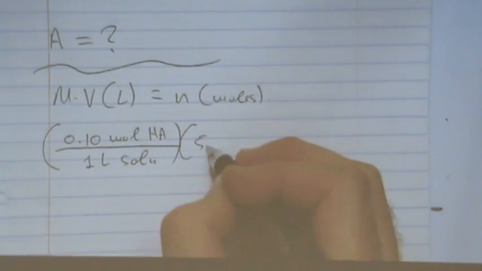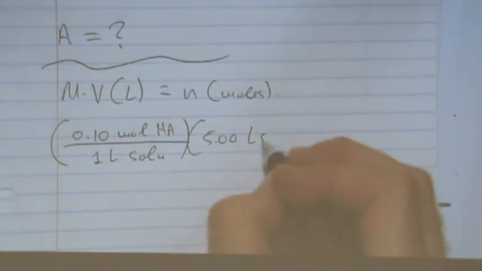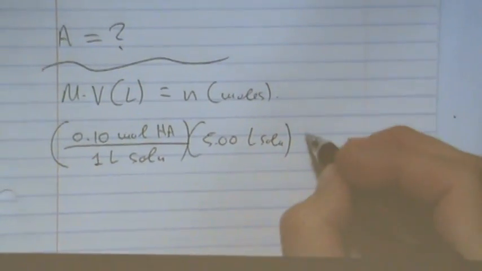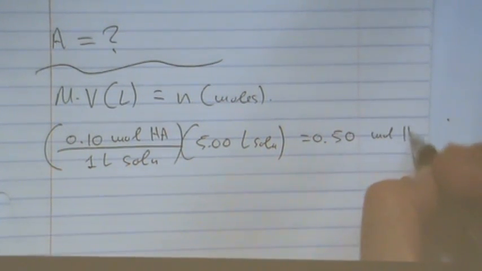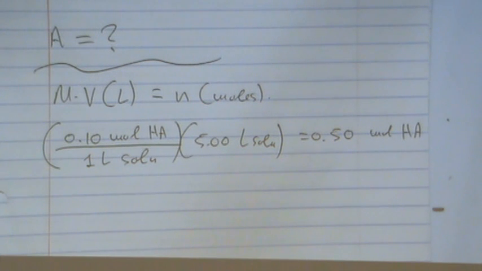If the volume is in liters, you get the number of moles. So that means that we can know the number of moles. We have 0.10 moles of the acid HA per 1 liter of solution times 5 liters of solution. That will give you 0.50 moles of HA. Okay, so we know how many moles.